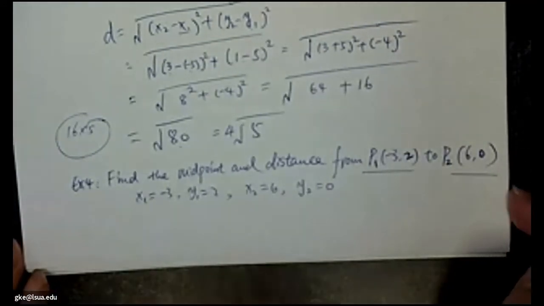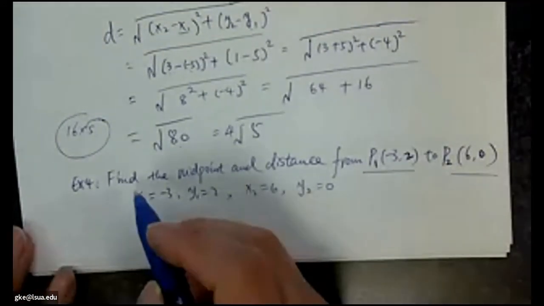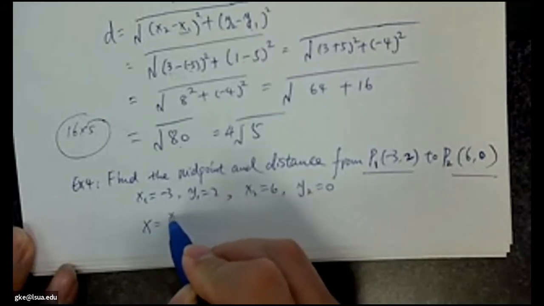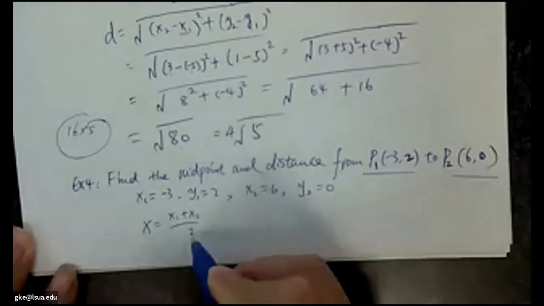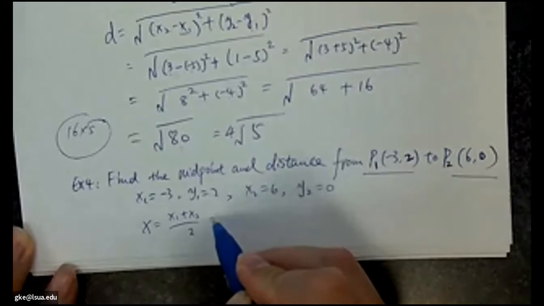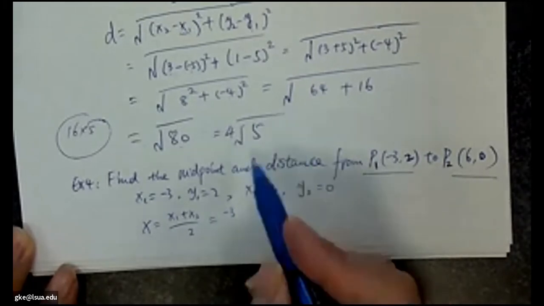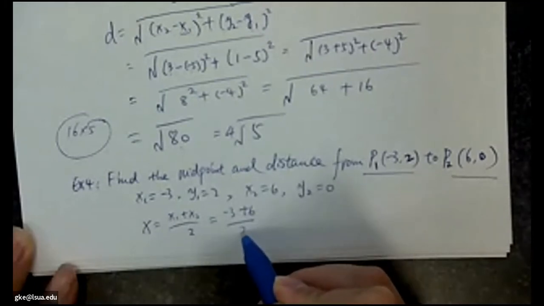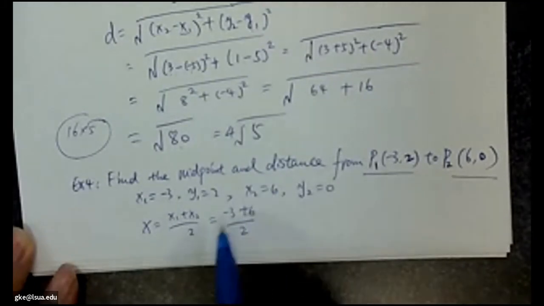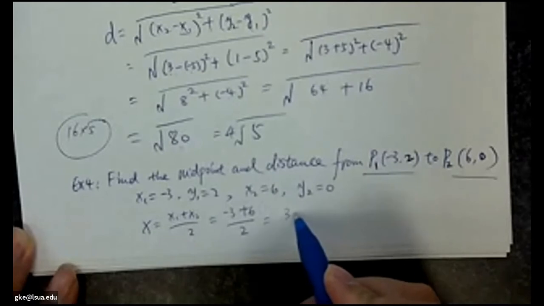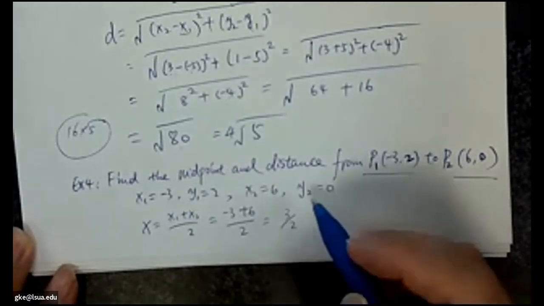And then the middle point is gonna be the average, right? So x1 is -3, x2 is 6, divided by 2. That's 3/2.